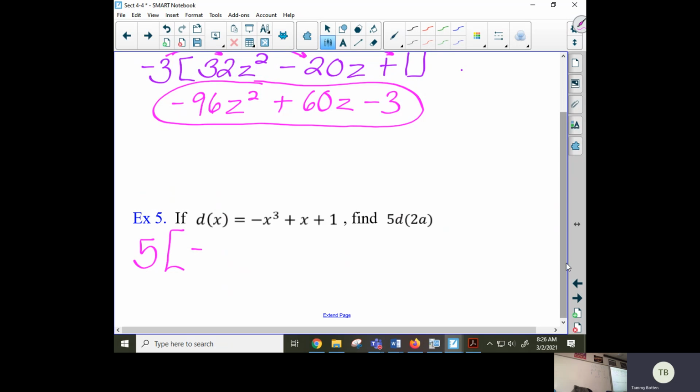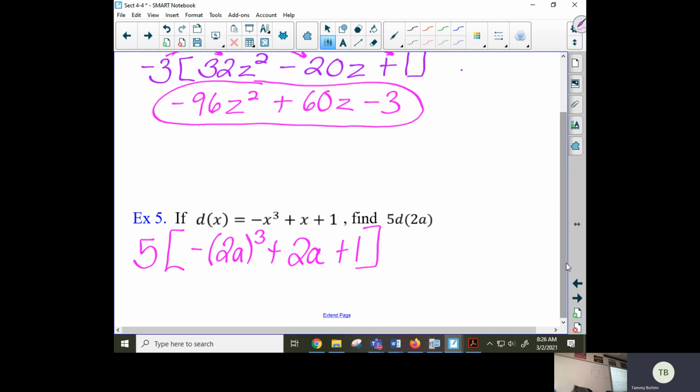You have a negative x cubed, but the negative is not in the parentheses. So it's negative, and then we have 2a cubed plus x is 2a, and then plus 1.